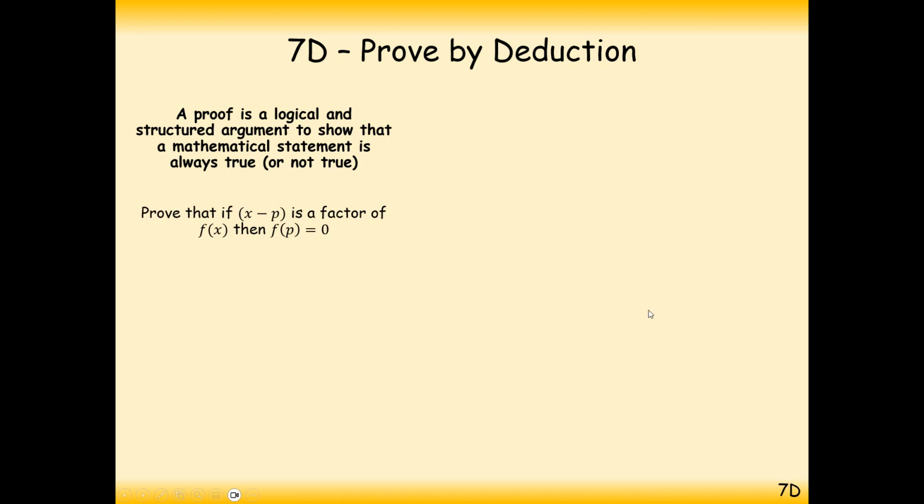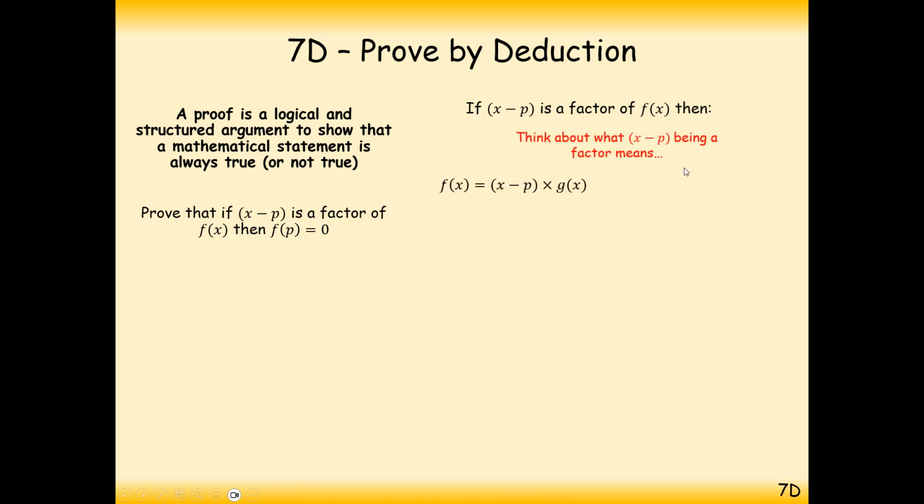So in this next example, we've been asked to prove that if x minus p is a factor of f(x), then f(p) is 0. Now, if x minus p is a factor of f(x), then I can substitute p into the equation, right? What we're saying is that x minus p will give us a 0.